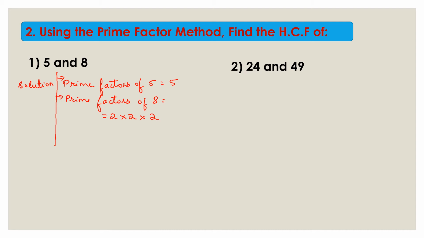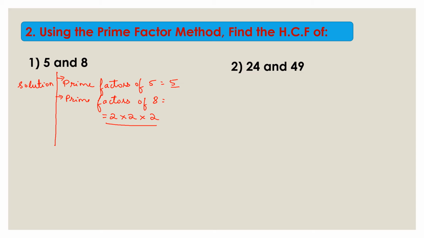So let's see what is our third step, that is the HCF of 5 and 8. As we see here, no common prime factors are present between 5 and 2.